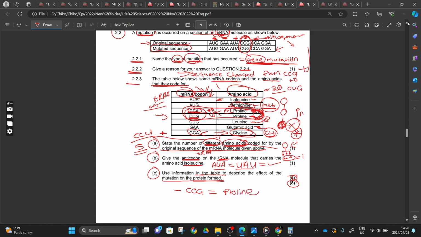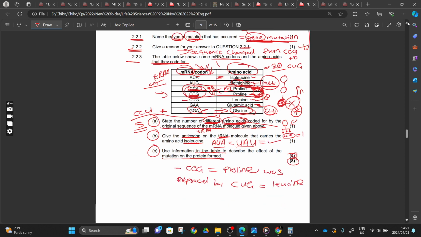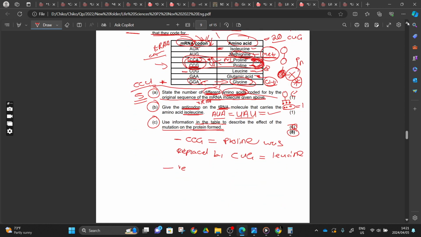The CCG coding for proline was replaced by CUG coding for leucine, right?